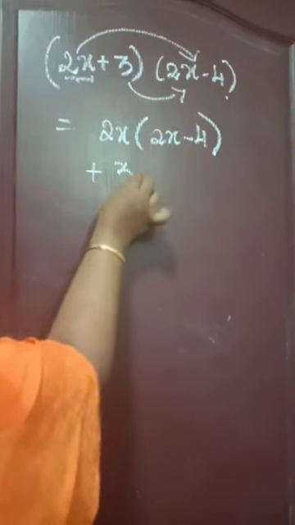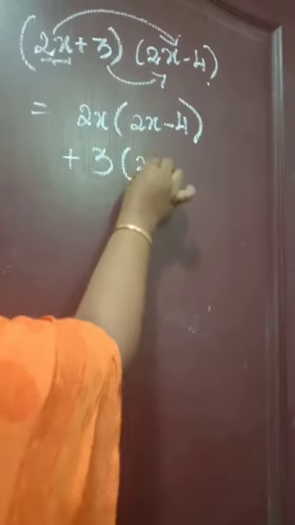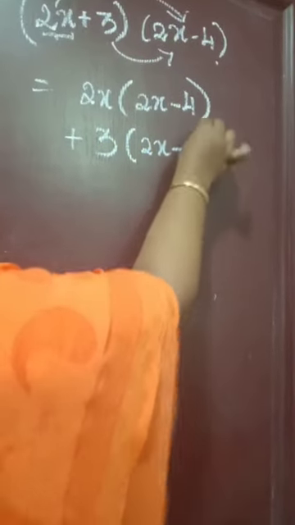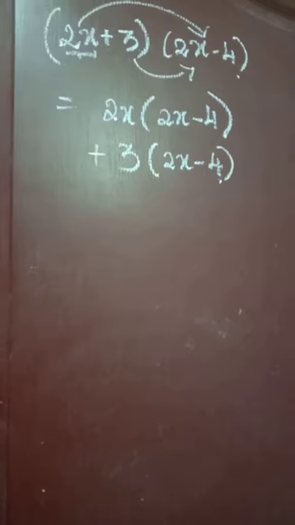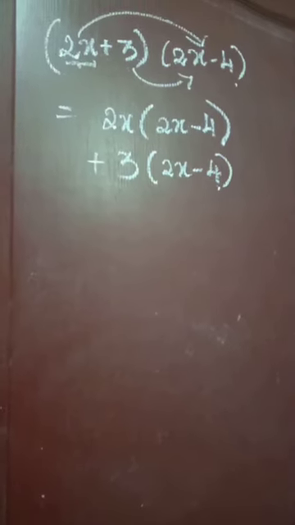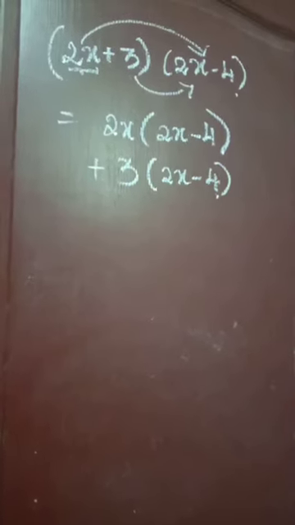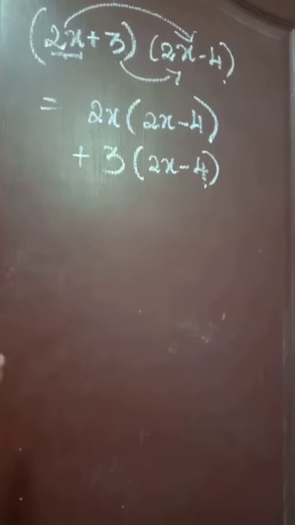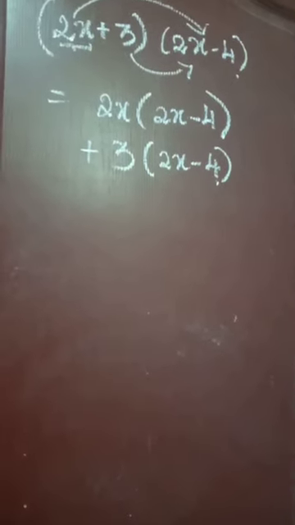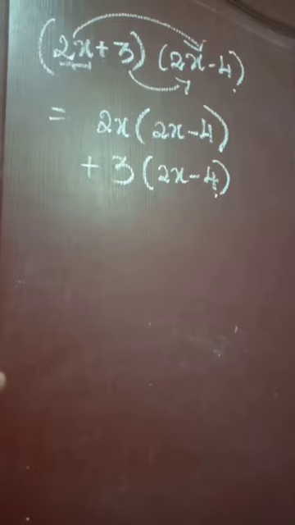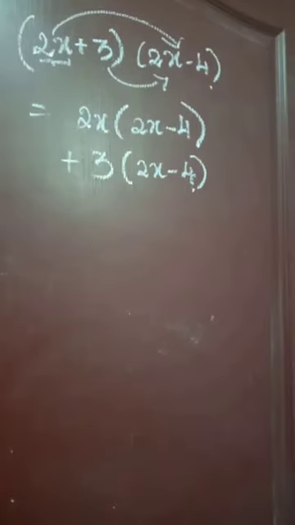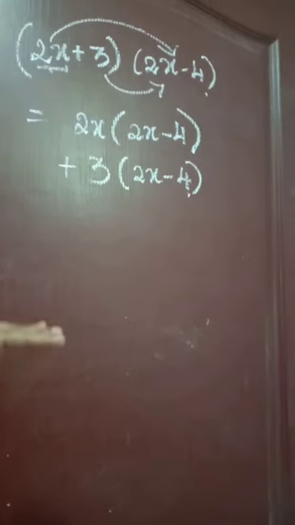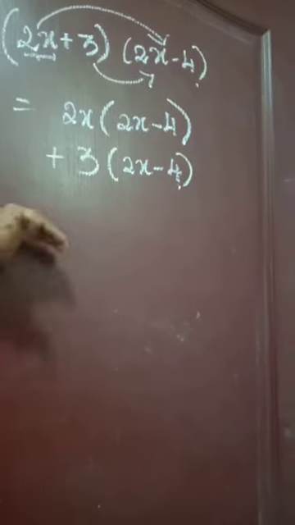So here I put 3 and multiply with 2x minus 4. So multiplying binomial with binomial means in the first bracket you split the 2 terms into one term each, and each term multiplies with the second bracket. This is the first step of this method.